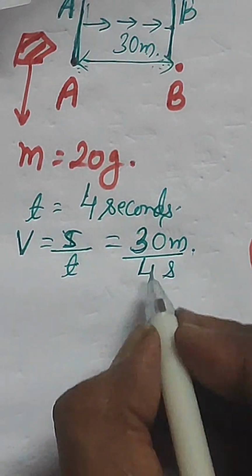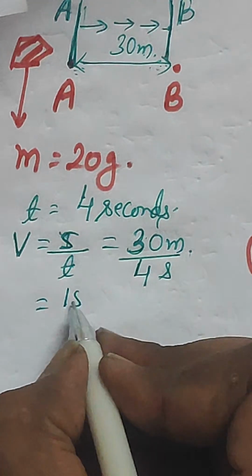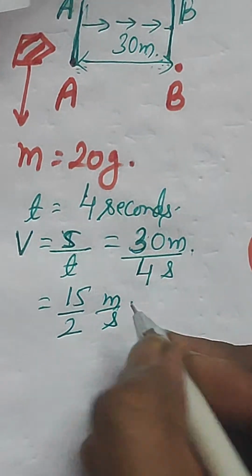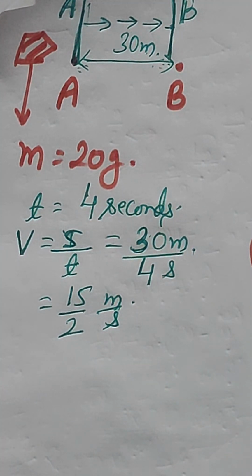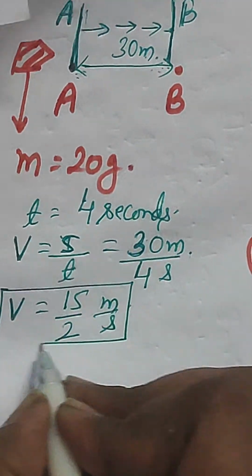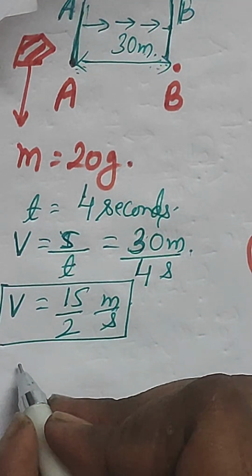So this will come as 15 by 2 meter per second, right? Now the velocity is calculated as 15 by 2 meter per second. What is the mass given to you?